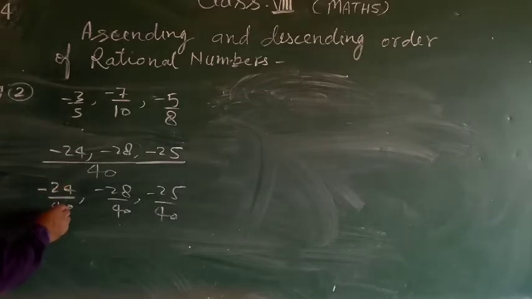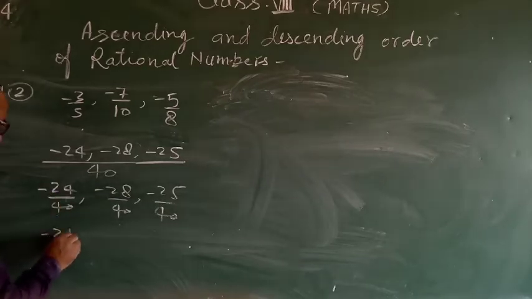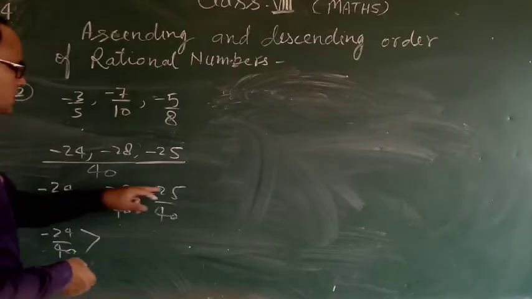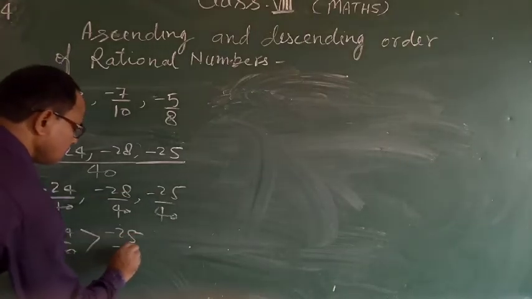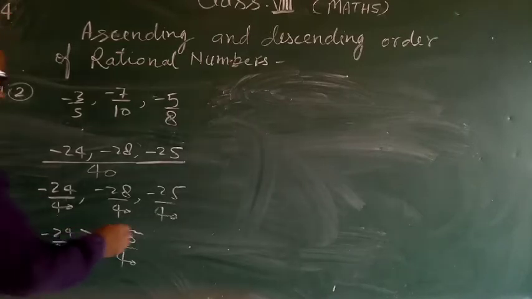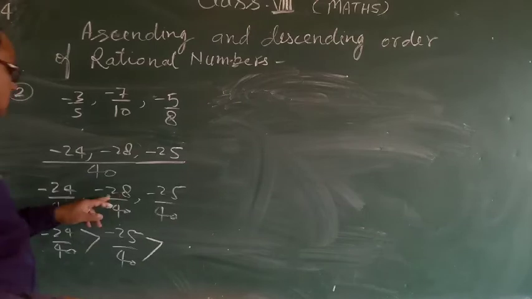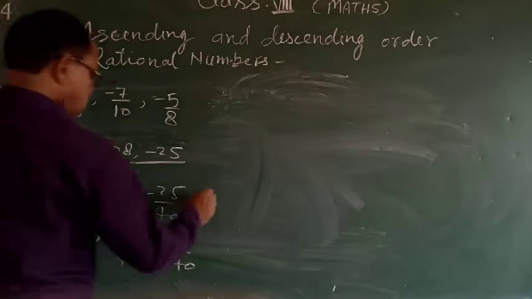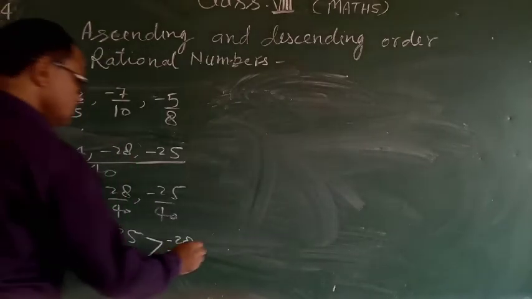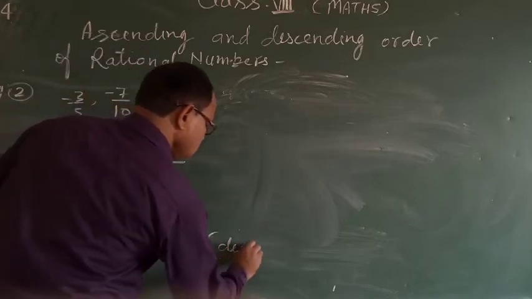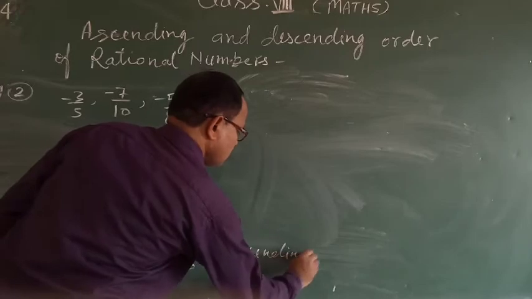Here minus 24 upon 40 is greater than minus 25 upon 40, which is greater than minus 28 upon 40. This is descending order.